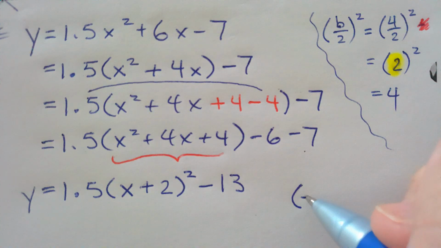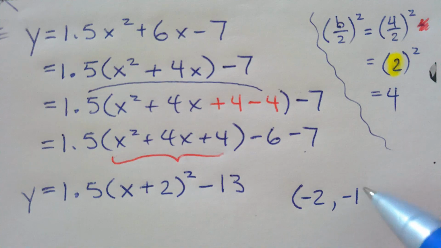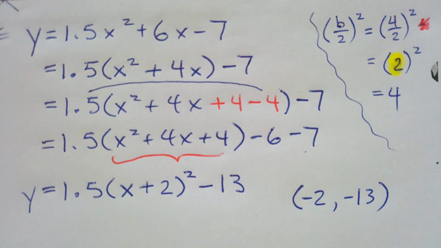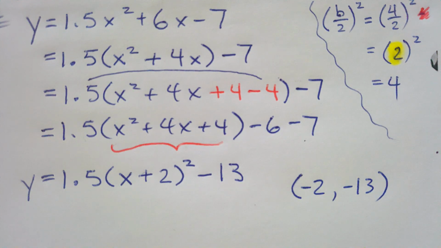So what's your vertex? (-2, -13). Right. Good job. By the way, thinking back to last week, if this is my vertex, does this open up or open down? Up, because the a is positive. Is this a stretch or compress?